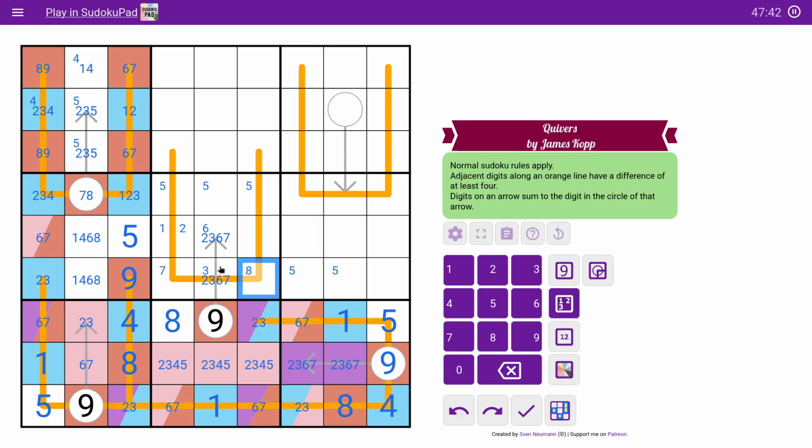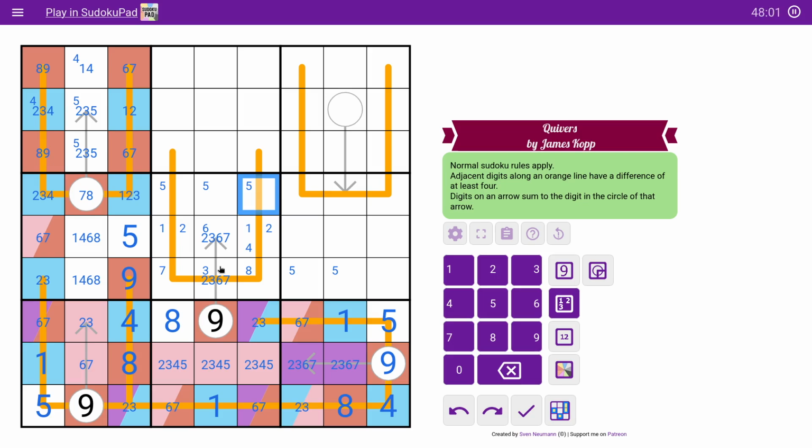Could be, yes. 8 goes with 1, 2, or 4. Making this 5, 6, sorry, 5, 7, or 9.